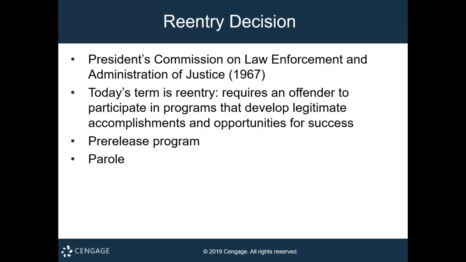Reentry is challenging. I have a former student who was a murderer, and he was a lifer. He had a second-degree murder charge, and he had 17 years to life. And he got paroled.